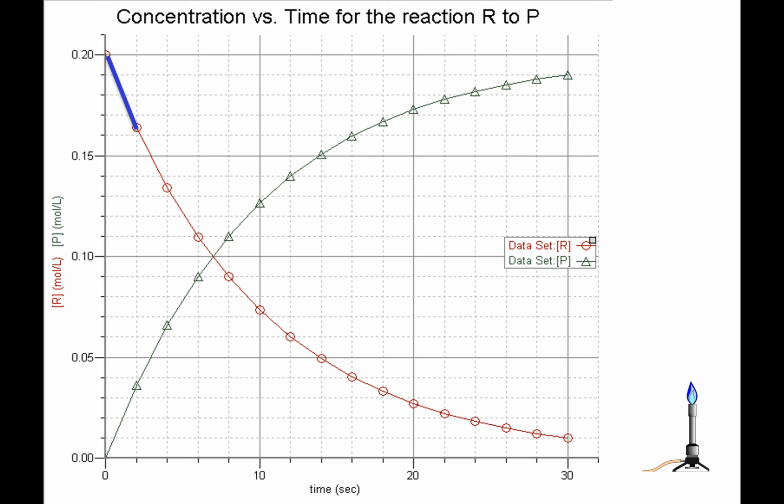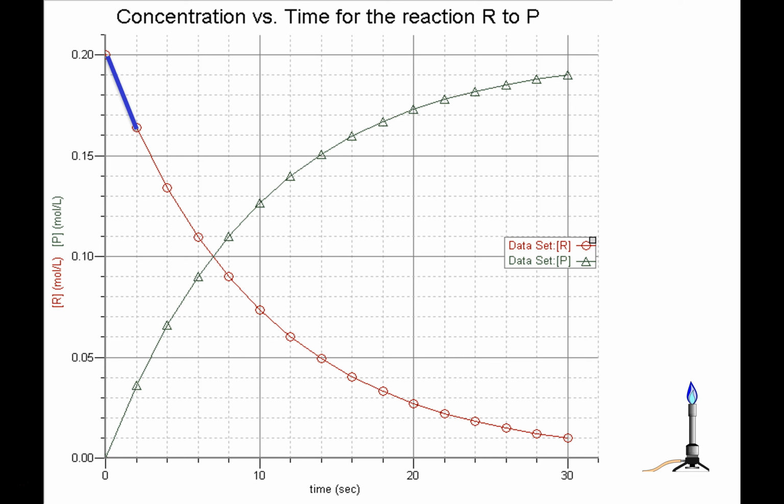As I have plotted that, here I have molar concentration of the reactant, and I have time. Does this make sense, that this slope is change in y over change in x? That is change in molar concentration of reactant over change in time. So the slope is an indication of the rate.